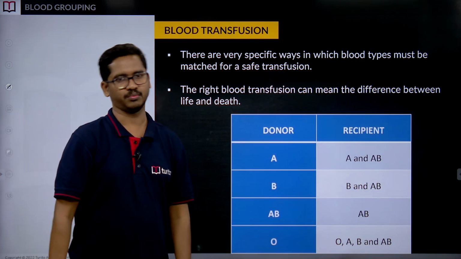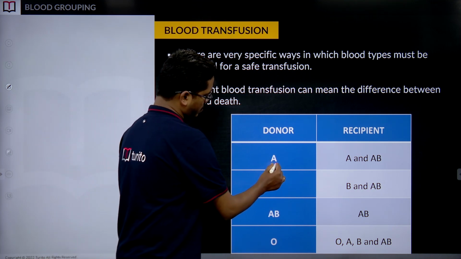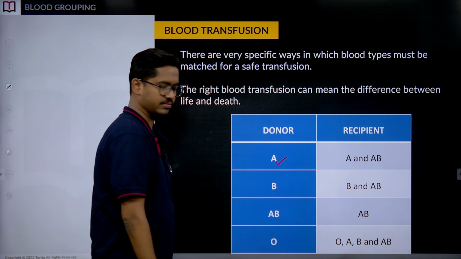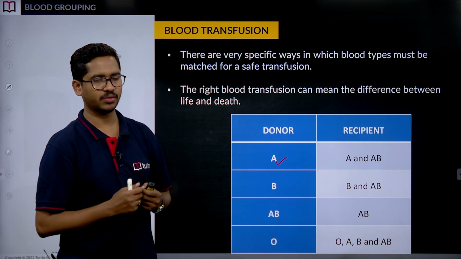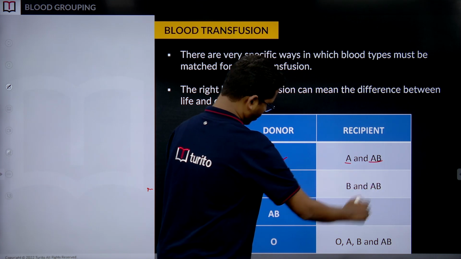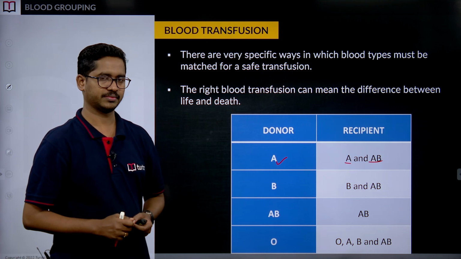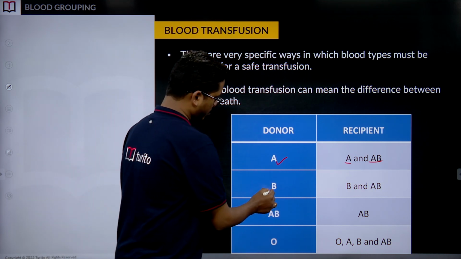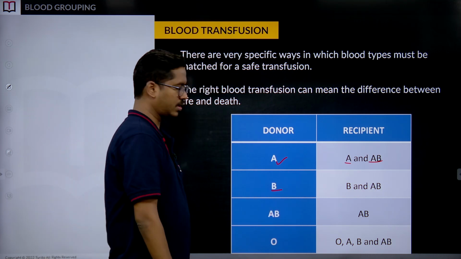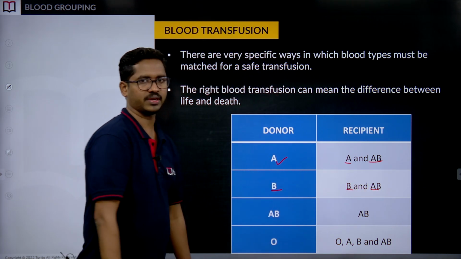So, this is something important again. So, you see, if the donor is A, that is blood group A is wanting to donate, the recipients can only be A and AB. No one else can take it up. Okay. Now, you see if the donor is B, only B and the AB persons can receive it.